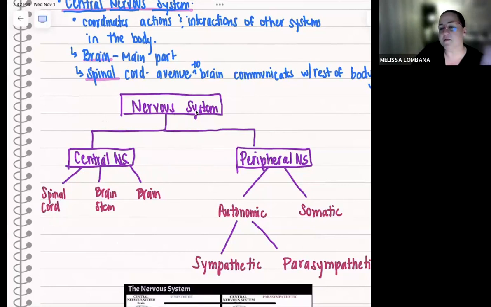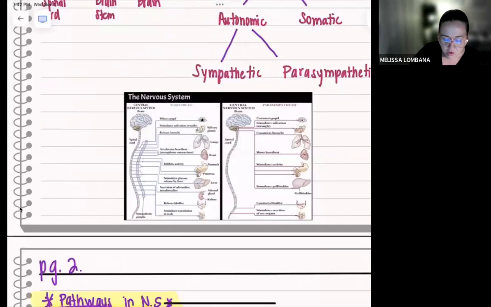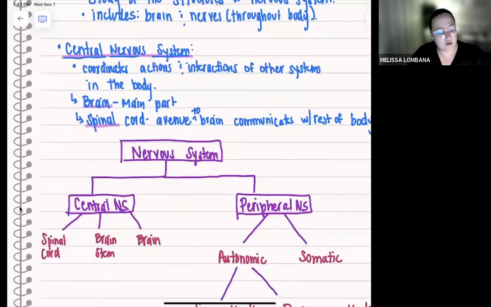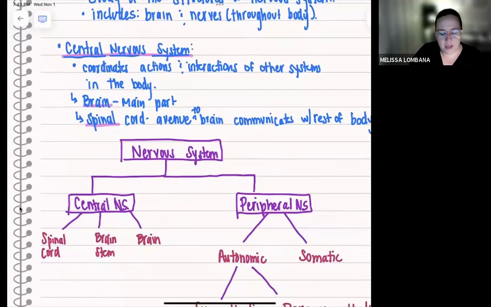So the nervous system is divided into two parts, right? You have your central nervous system, which is what I talked about here, and then you have your peripheral. So we'll start with the central nervous system. Let me check my notes.